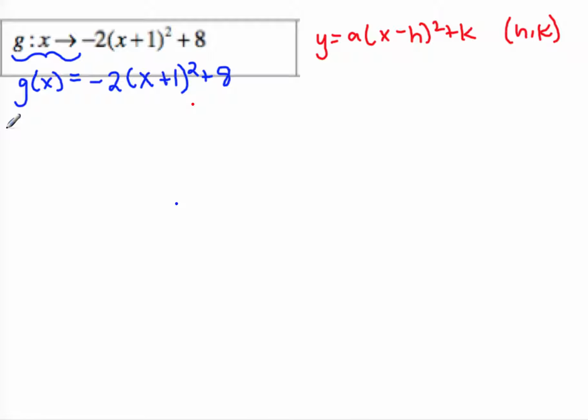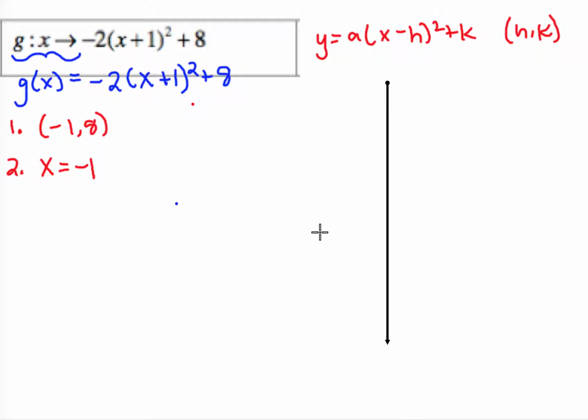So I'm going to start off the big four with my vertex here. Vertex, being the opposite sign, makes it negative 1, comma 8. From that, I can easily find my line of symmetry, which is just negative 1. We'll start graphing this over here so we have an idea of what our sketch looks like.